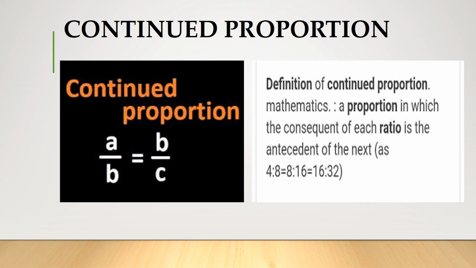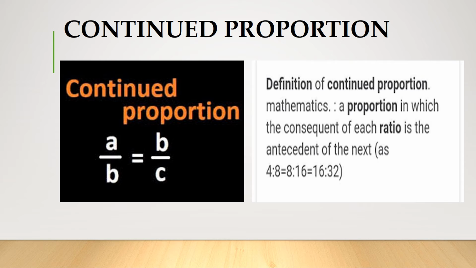Now, definition: a proportion in which the consequent of each ratio is the antecedent of the next. Children, if you remember, the first term of the ratio is called the antecedent and the second term is called the consequent. That is, the numerator is the antecedent and the denominator is the consequent.